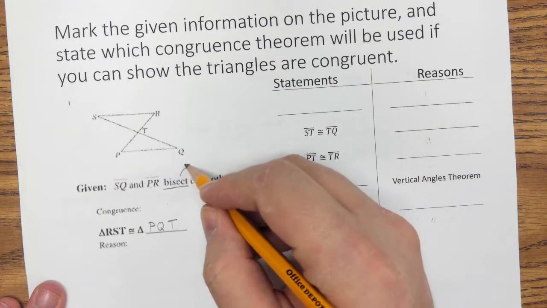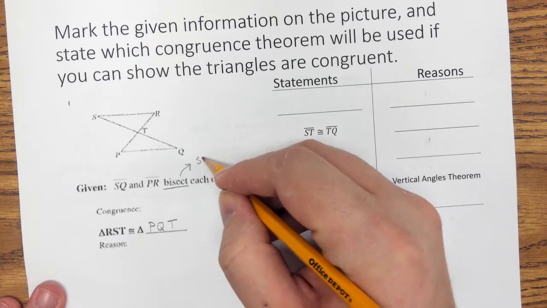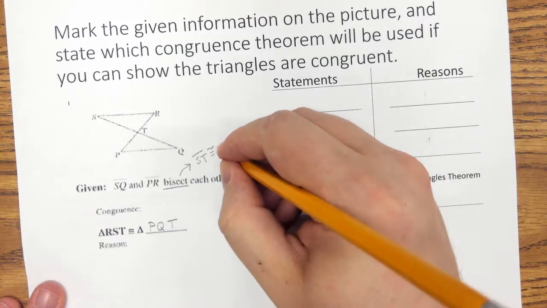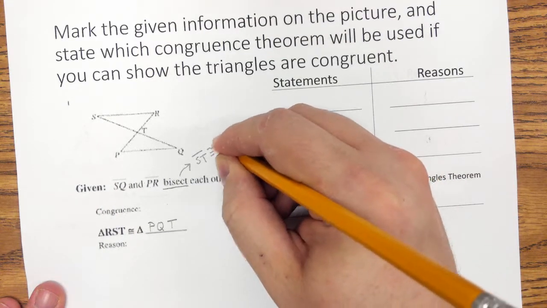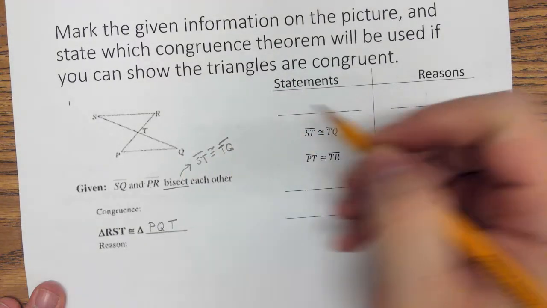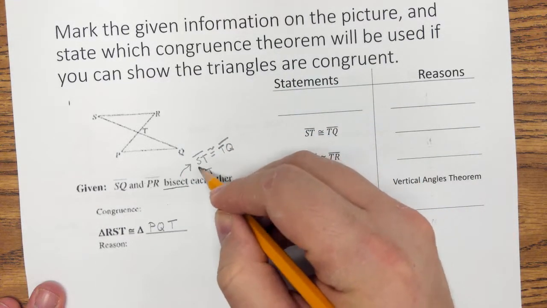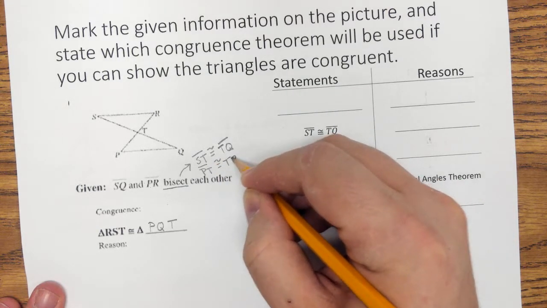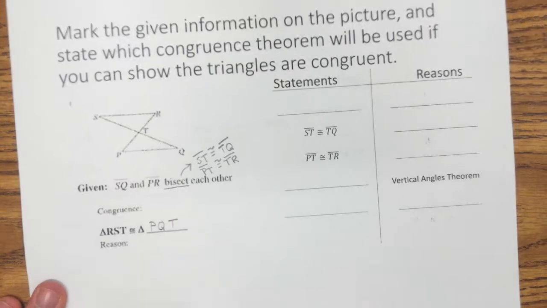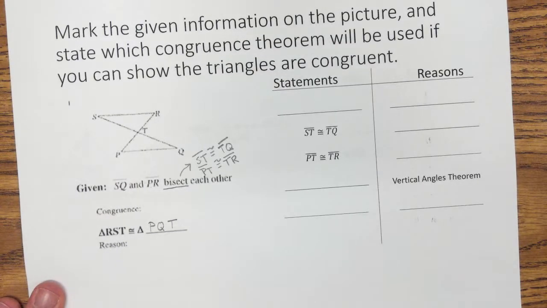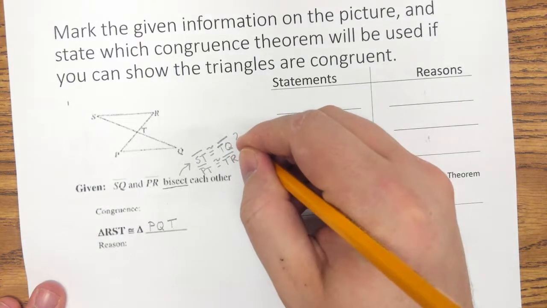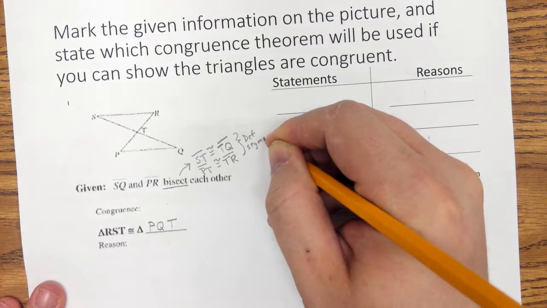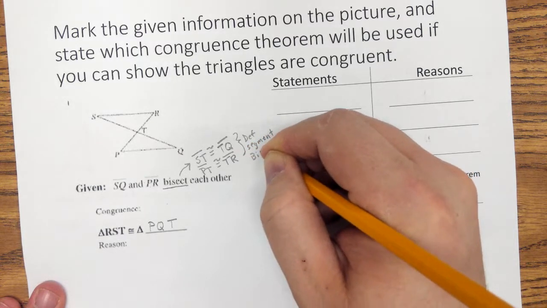Okay, so because of this, then I can say that ST is congruent to TQ, and I can say that PT is congruent to TR by the definition of what a bisector is. Okay, these are definition of segment bisector.